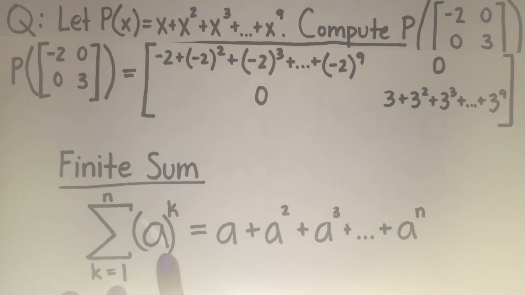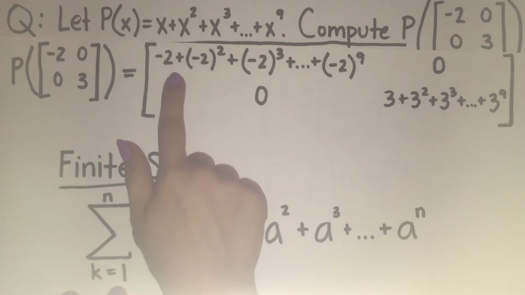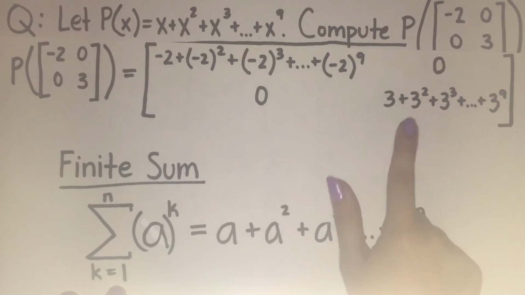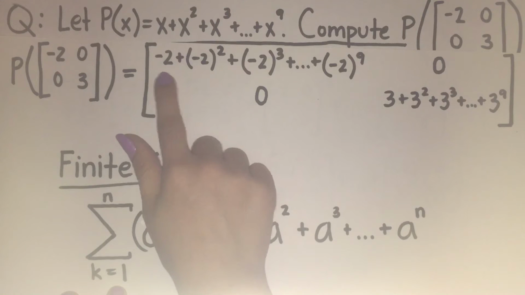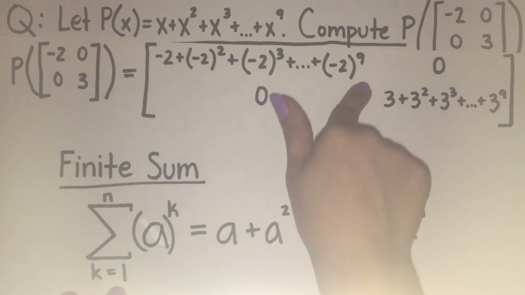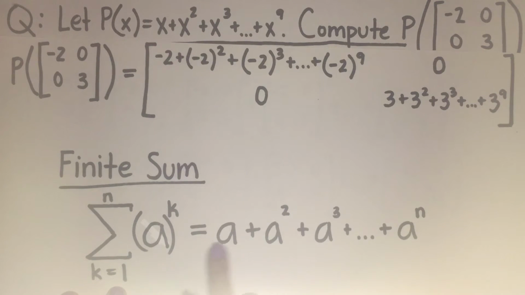In this case, we're using a to the k because this is what's going on in our entries. These two entries are the ones we will be solving for because they're the ones with the unknown sum. So, an entry with a starting number of k equals 1 and an ending number of n equals a plus a to the second plus a to the third plus ... all the way to plus a to the n.